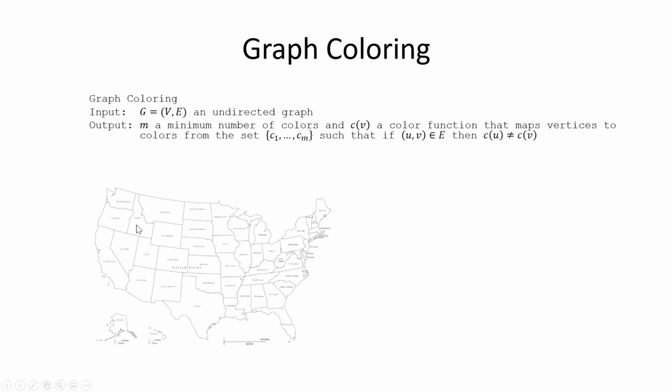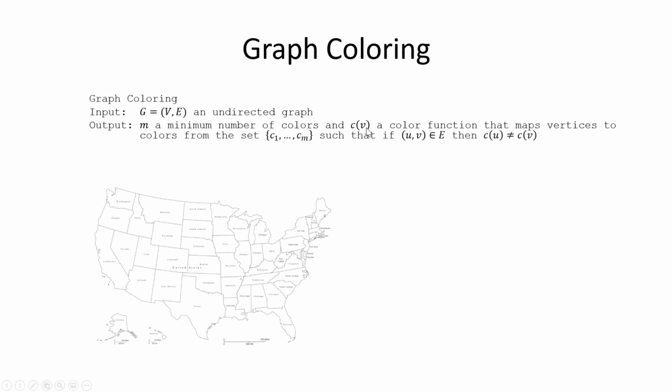And so if we could create a graph for all of the 48 states, let's ignore these two for a second, then that graph would have certain states connected to one another, and then we could define our map coloring problem as assigning a color to the vertex.